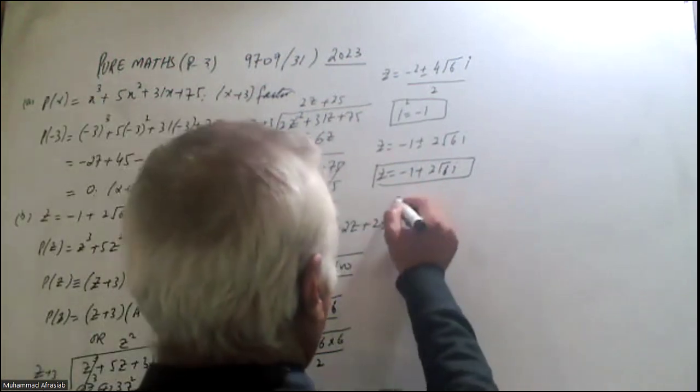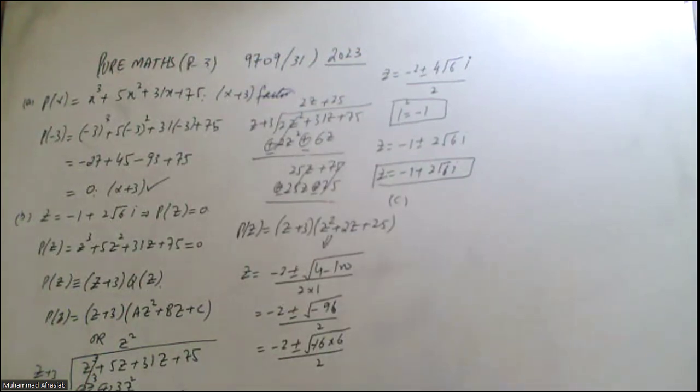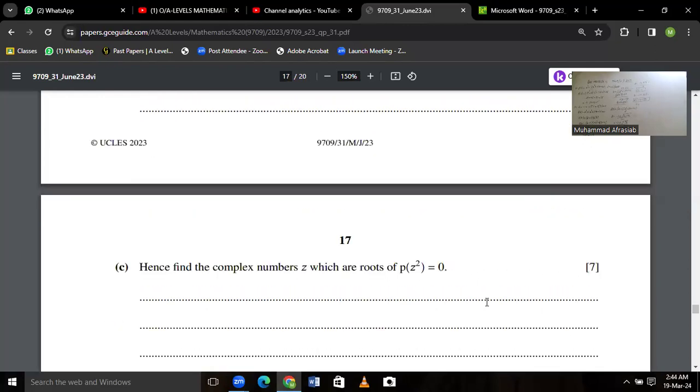Now, part C. Hence, find the complex numbers z which are the roots of the equation P of z squared equals 0.